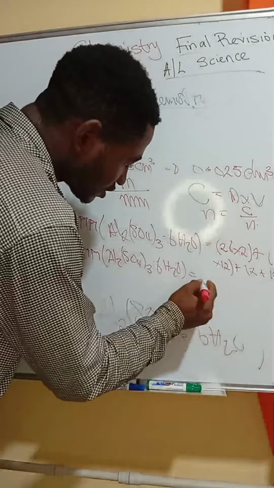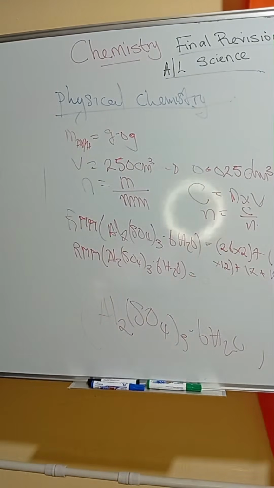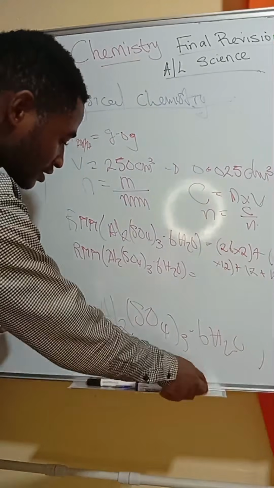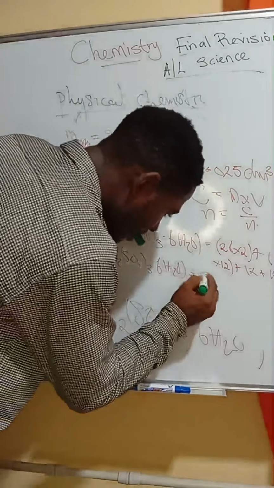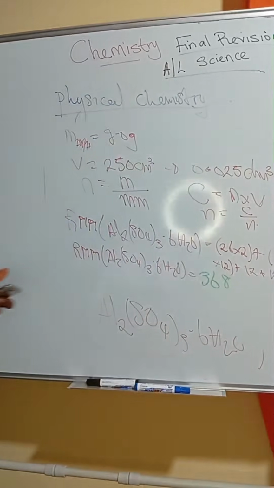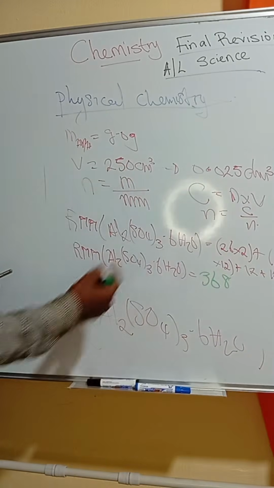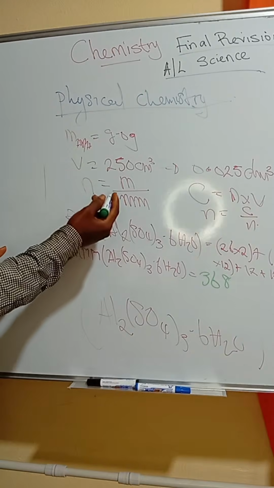So the relative molecular mass of aluminium sulfate hydrate is given to us as 368. So that's our relative molecular mass. Now we have our mass and we have our relative molecular mass. But now, what do we do?